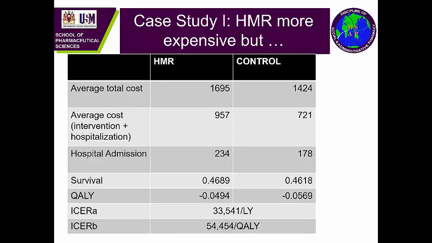You have pharmacists who have to visit, so you have to pay for their transportation. You have to pay for perhaps an adherence aid given by the pharmacist to solve the adherence problem of the patient. So that can add to the increased cost for the HMR group.